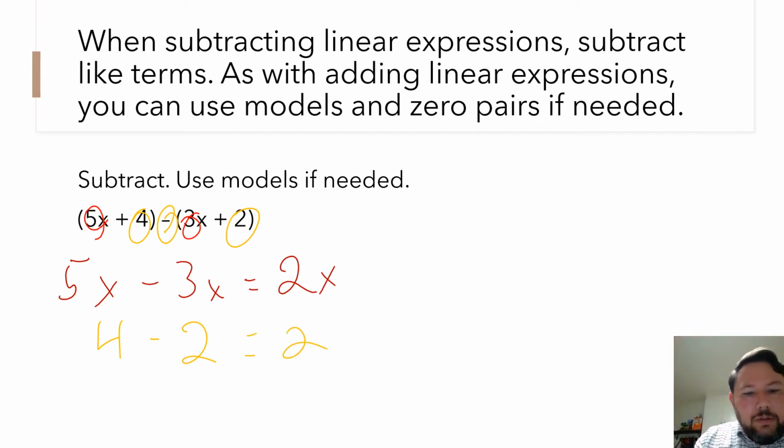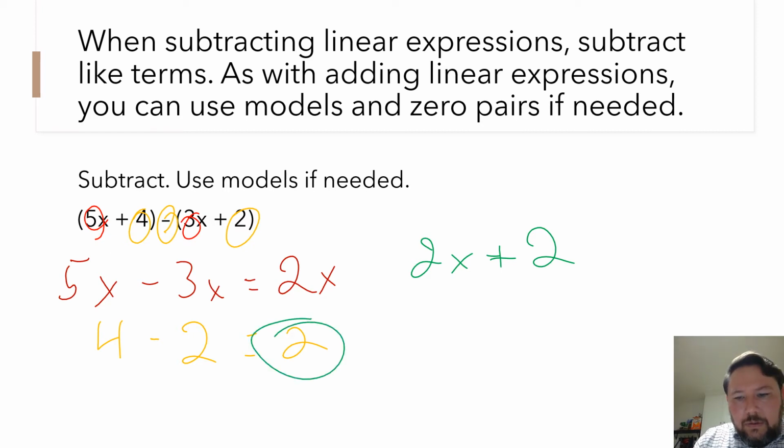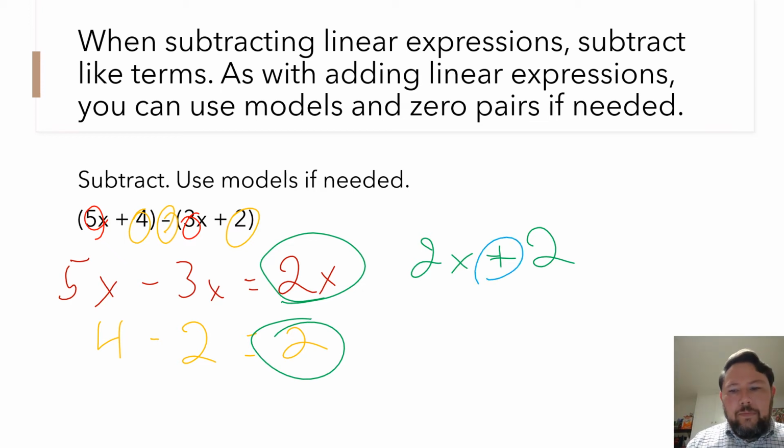So what we ultimately have, since we've dealt with that minus sign, is 2x plus 2 left over, because we have a positive 2 as our second term, and our first term, the 2x, is also a positive number, so we're going to use that plus sign there.